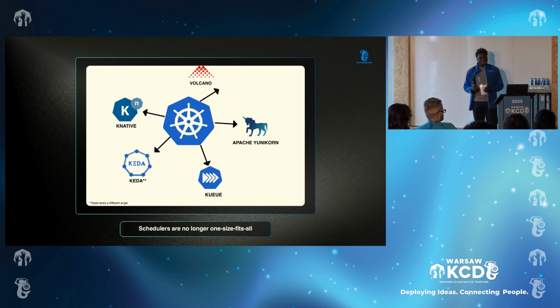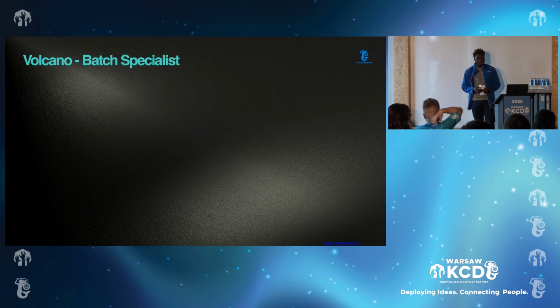Today, it is good that the open source ecosystem has a lot of tools designed for specialized scheduling to help solve this problem. In the next few slides, I'm going to take a few of these tools and map them to how well we can use them to solve some of our problems.